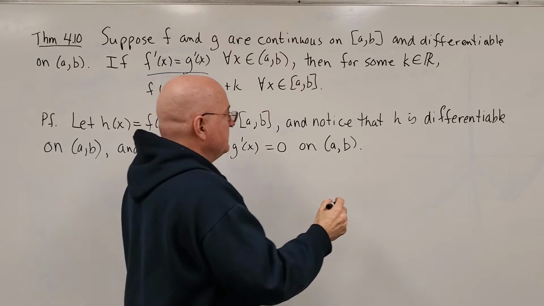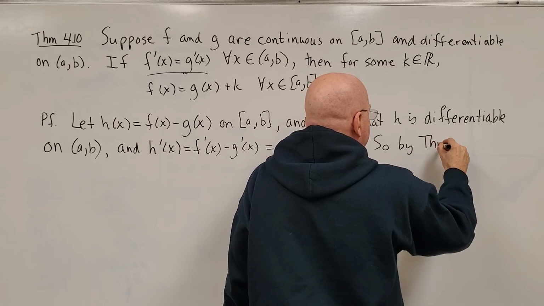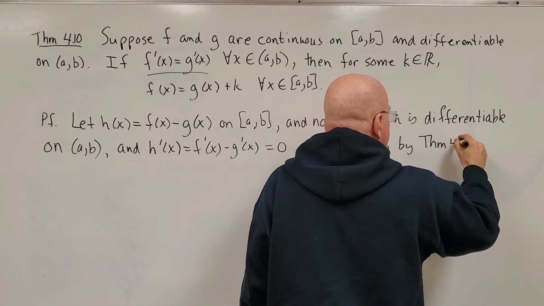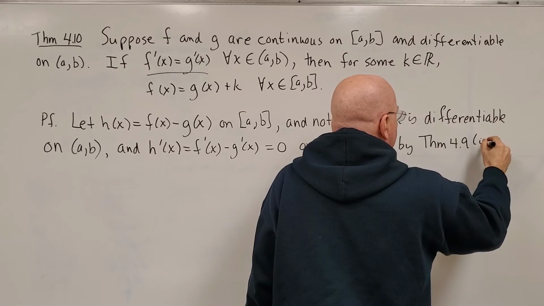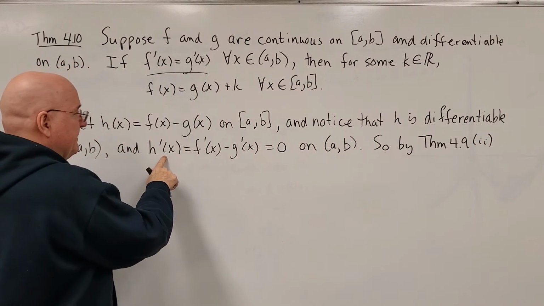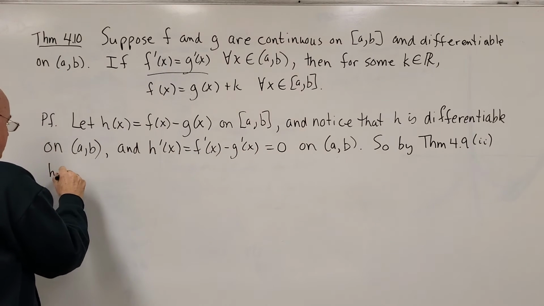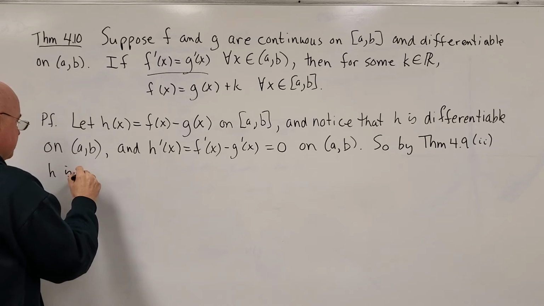So by the previous theorem, 4.9, part 2, since h prime of x is 0, h is a constant function.